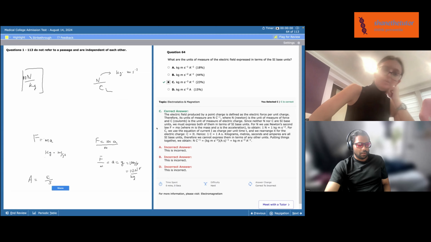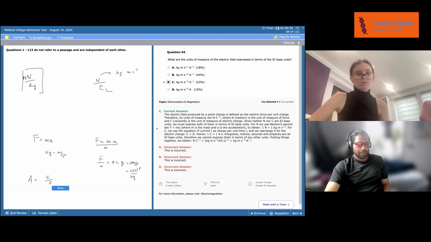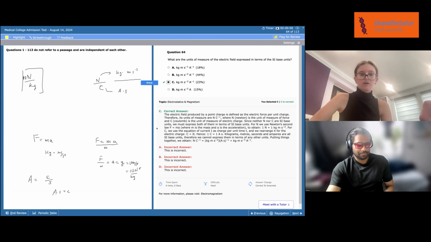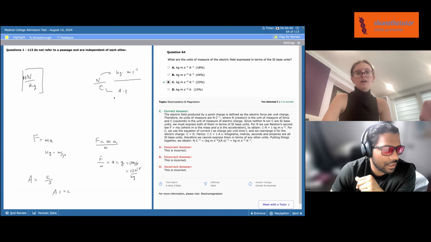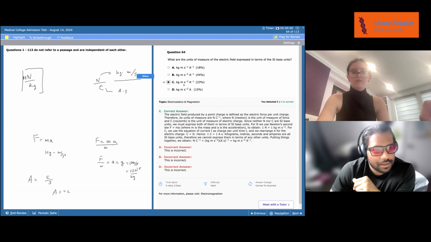So if we wanted to solve for coulombs, you do amps times seconds, which is equal to the coulomb. So here we could say amps times seconds. And since it's in the denominator, it's another negative: s to the -1, and amps to the -1, and that's how we get this third one.